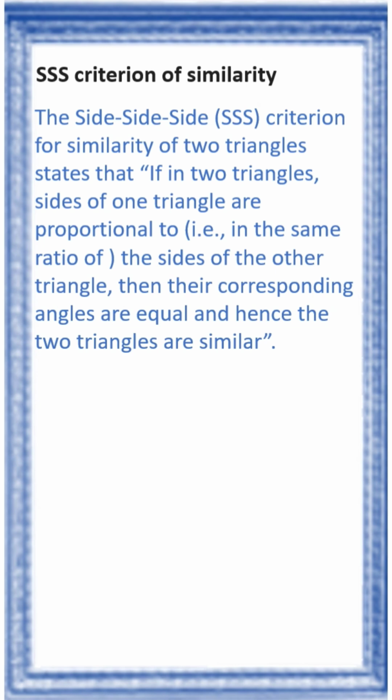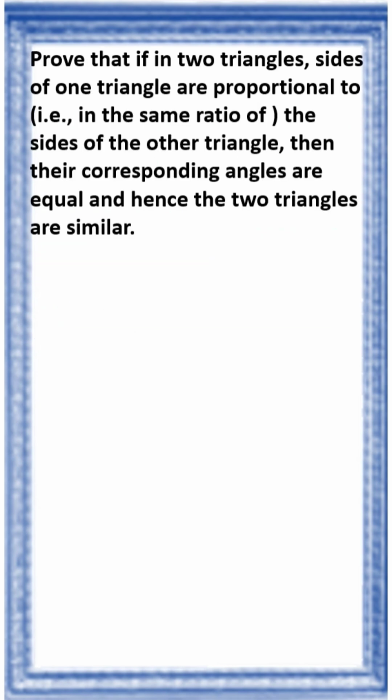The same statement may be asked like this in question form. Prove that if in two triangles sides of one triangle are proportional to the sides of other triangle, then the corresponding angles are equal and hence the two triangles are similar.